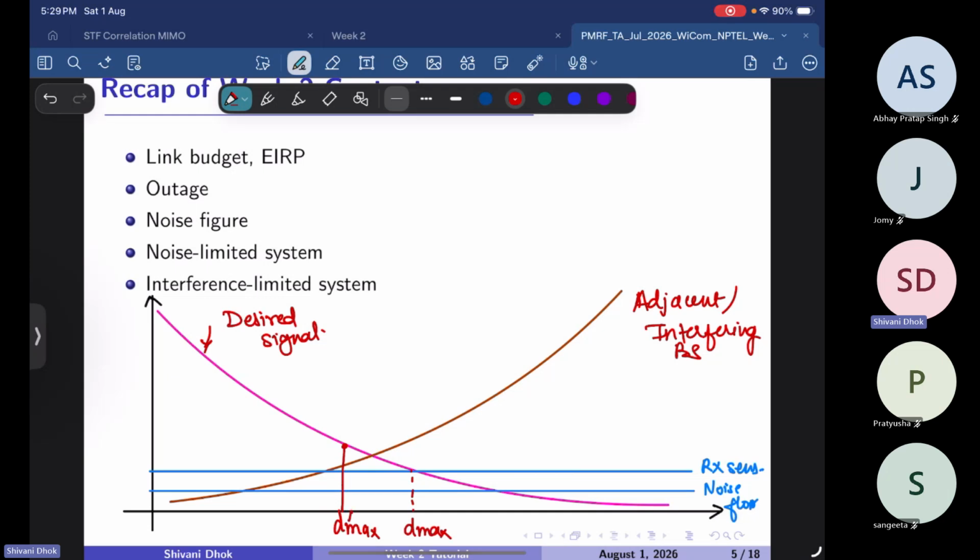Now it shifts, and the quantity that we now define is not SNR, but SINR. And what does SINR stand for? SINR stands for signal to interference plus noise ratio.